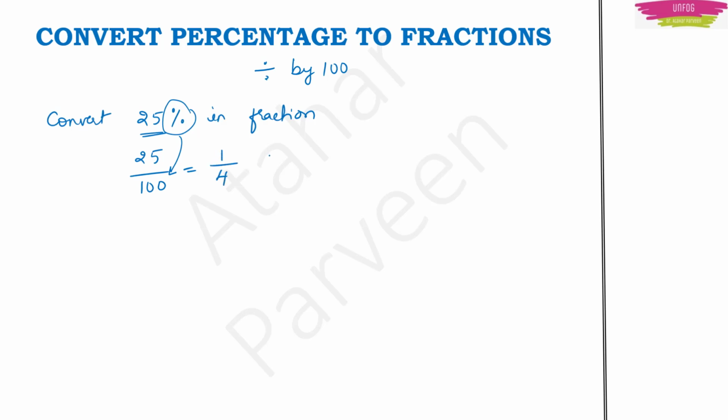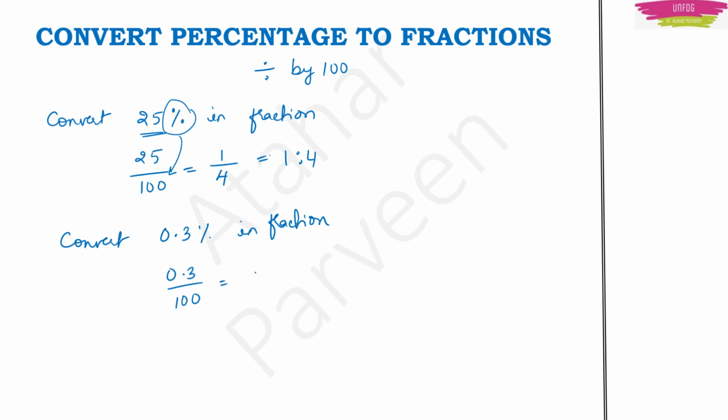Or you can also, if you want to write it in ratio, say for example, if in options they have not given 1 by 4, they have given 1:4. This is also correct. It is nothing but the ratio, right? Same thing you can do with the decimal also. For example, if they are asking you to convert 0.3% in fraction, what you do? Here also you have to divide 0.3 by 100.